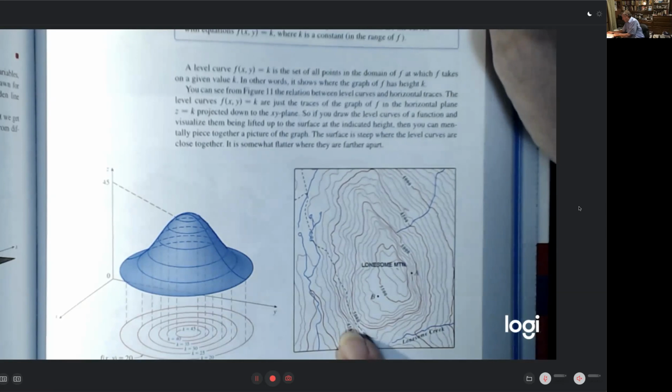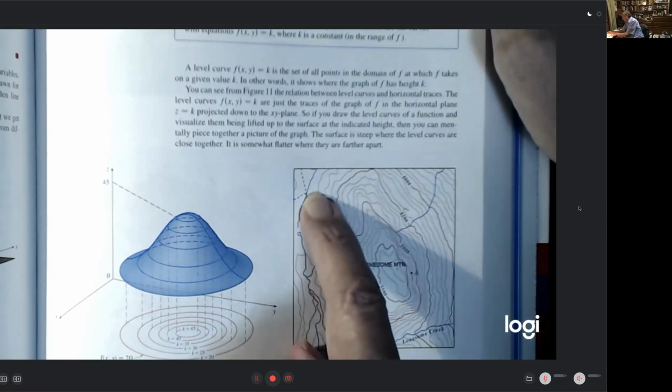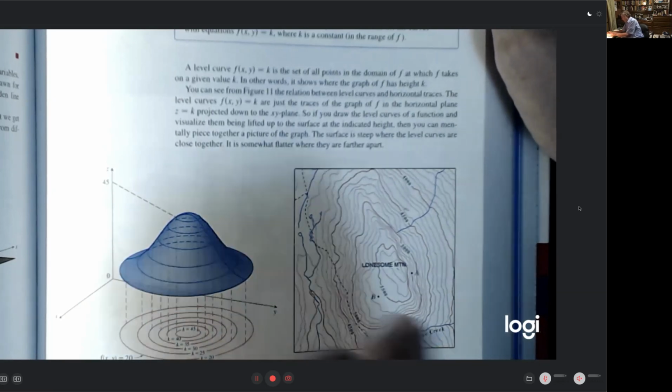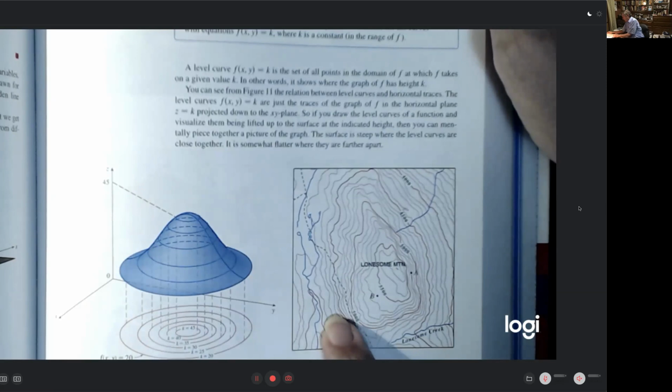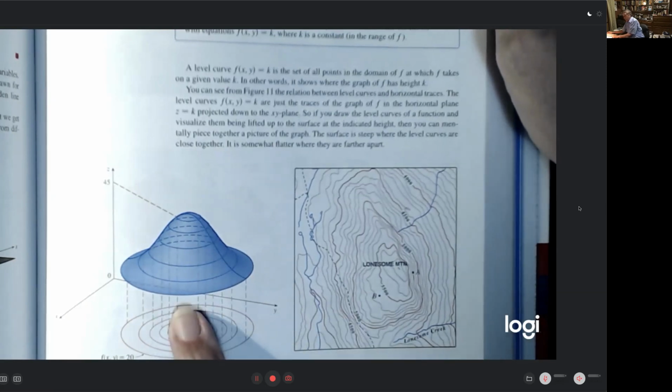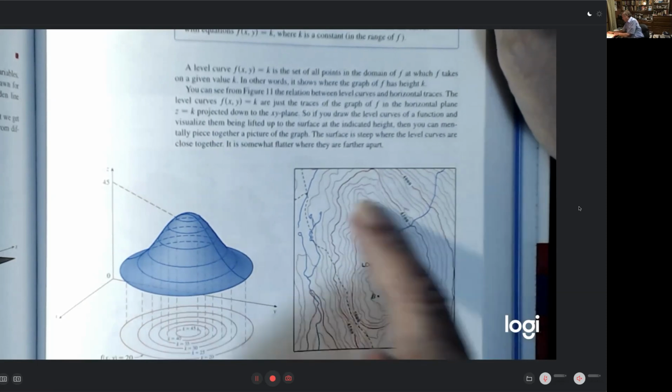If you stay at the same altitude, you're drawing a level curve, which 3-dimensionally, if you graph that as a number above, you actually will get a picture like this over here. And so this is a 2-dimensional picture of the mountain.